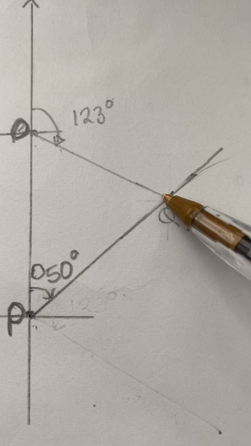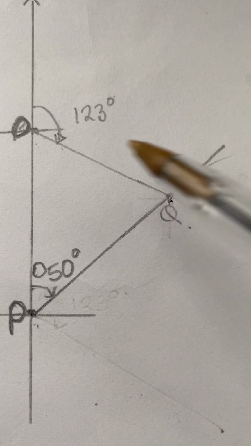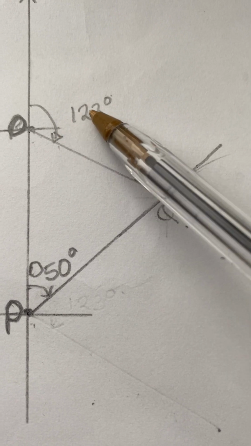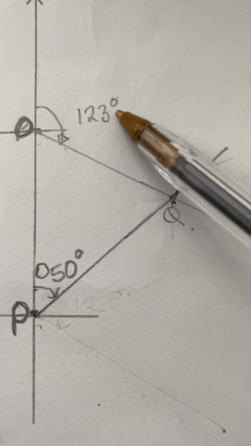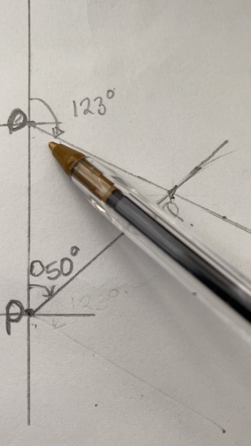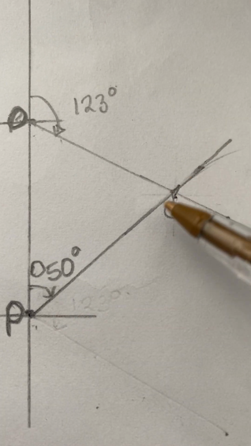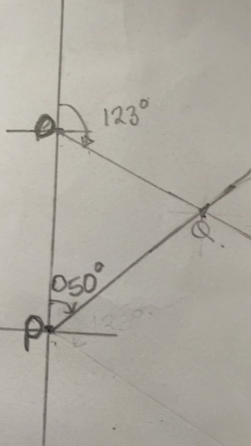Where it intersects will be our Q. Remember this is 123. I'll ask you to go and draw it. So 123 and then 50. Where they intersect will be your Q.